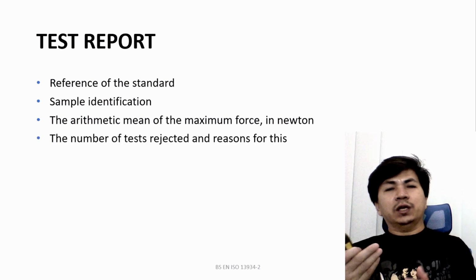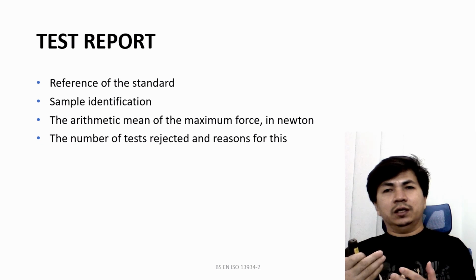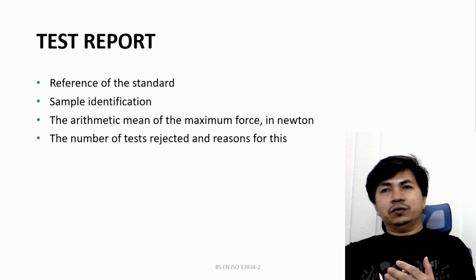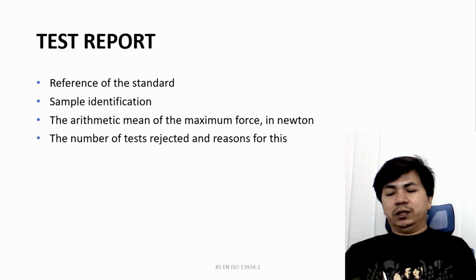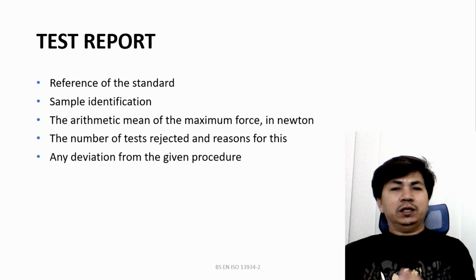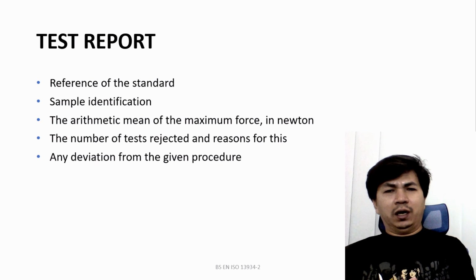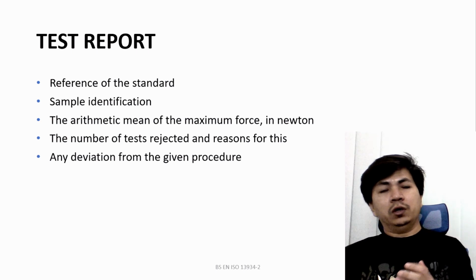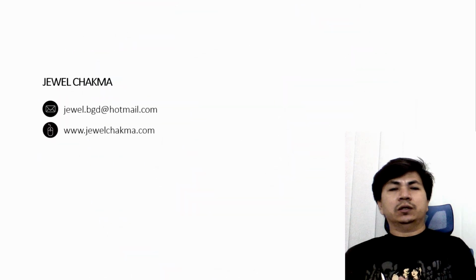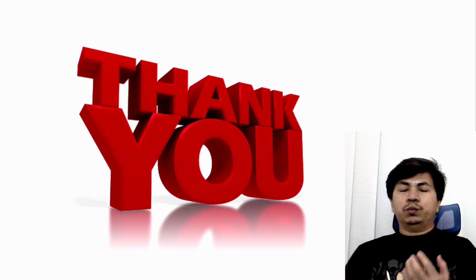And if we reject any specimen for any reason, that means if a jaw break occurs or any other reason, then it should be mentioned in the report. If we modify any clause or instruction of this standard, that should also be reported. So this is the total testing standard, the total test procedure.